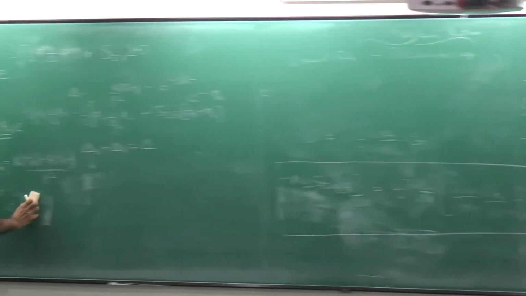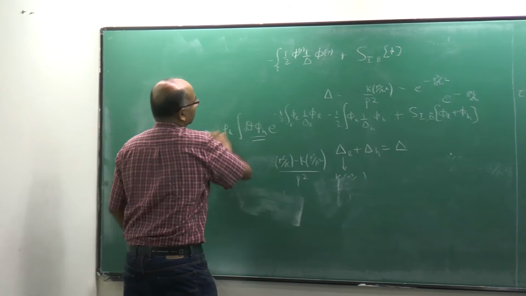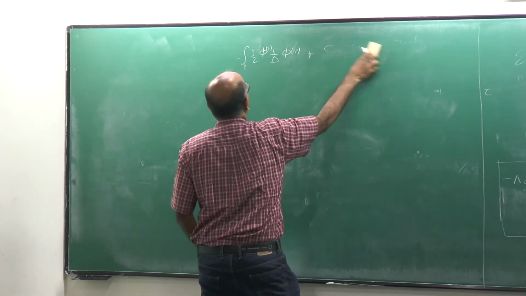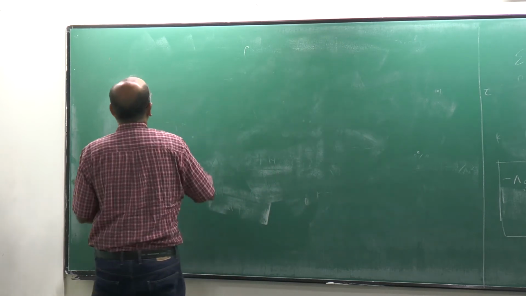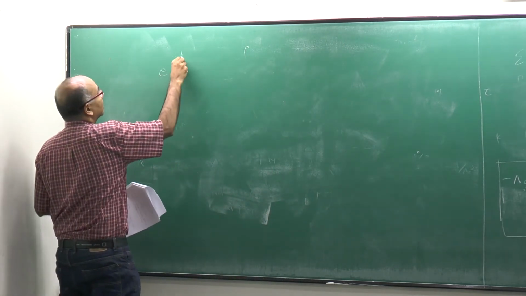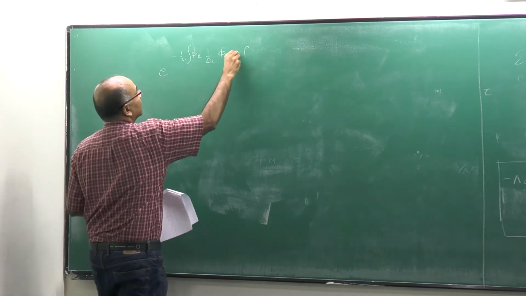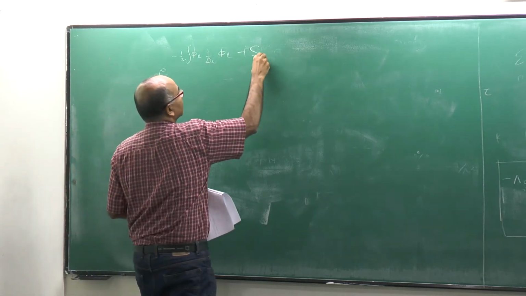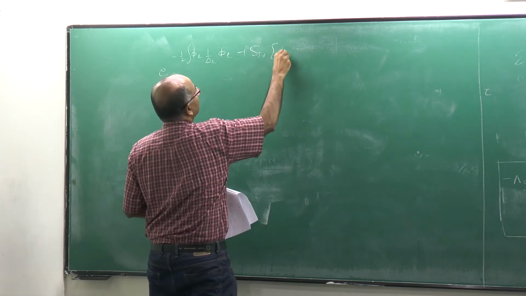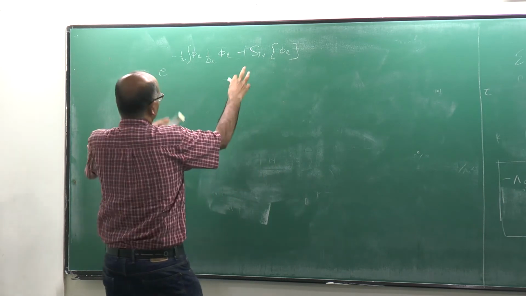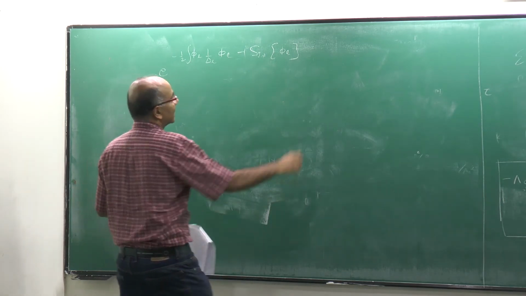Diagrammatic. So I'll do one more thing, and then we'll. So this is the equation for. So let's write e to the power of minus half phi L 1 over delta L phi L minus Si lambda times phi L. This is our Wilson action.